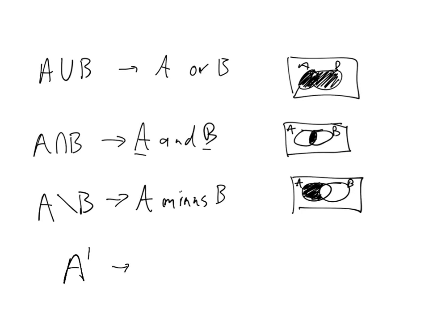Finally, we have this one, which is not A, otherwise known as the complement of A. So if we consider what set A would look like, set A would look like this, but we don't want that. We want the complement of that. So we're going to shade everything that was not inside of set A. So we would end up with this.